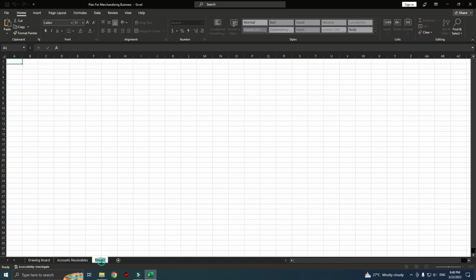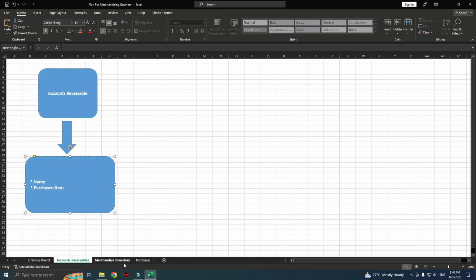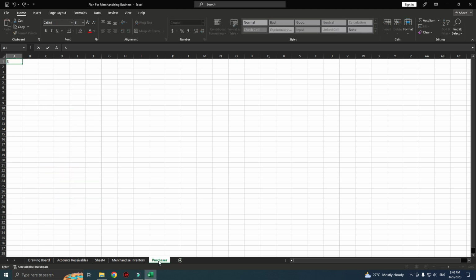And we have merchandise inventory here. And we have also the purchases here. And we also have sales. These parts are connected.